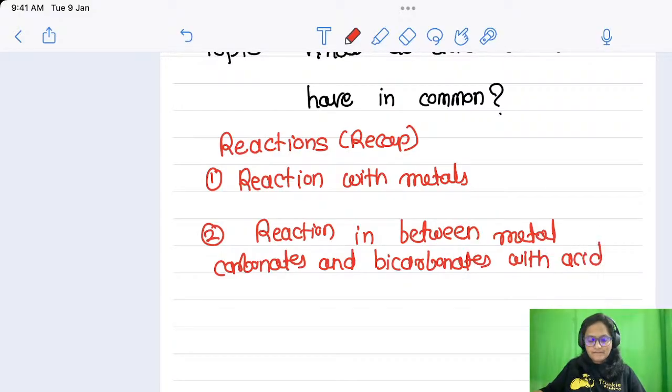These are the second reaction which we discussed in the previous class.